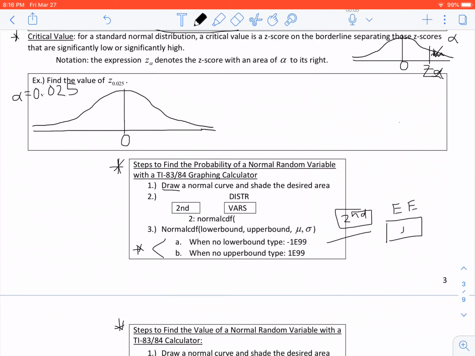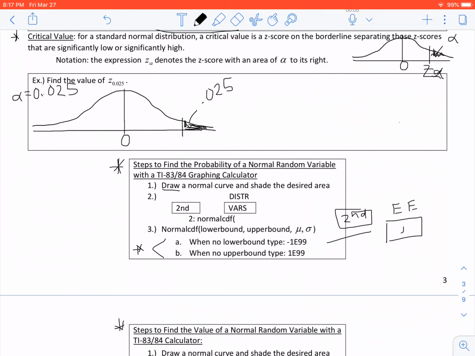And the area to the right is really tiny. It's a small value. It's 0.025, which means our z value needs to be somewhere over here on the right of 0. And we're shading to the right. And this is equal to 0.025, that area to the right.